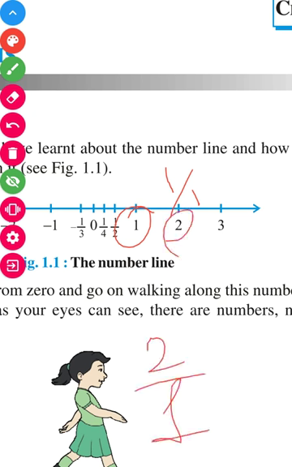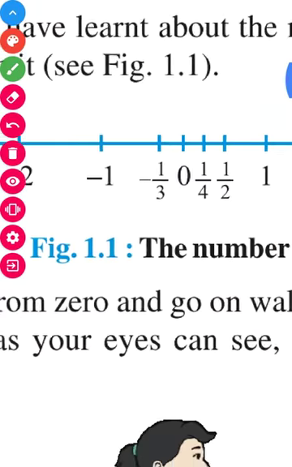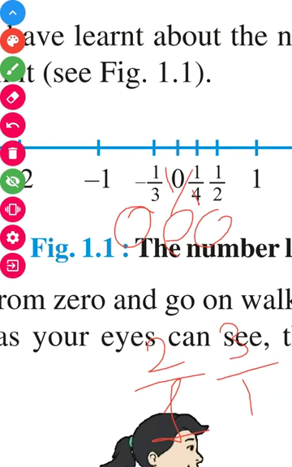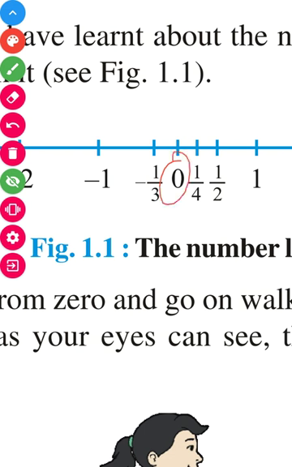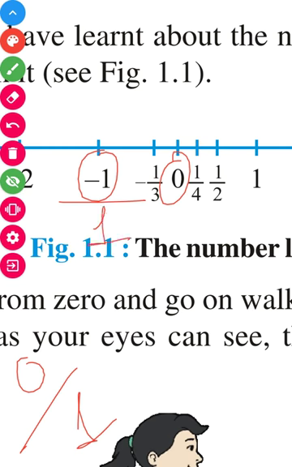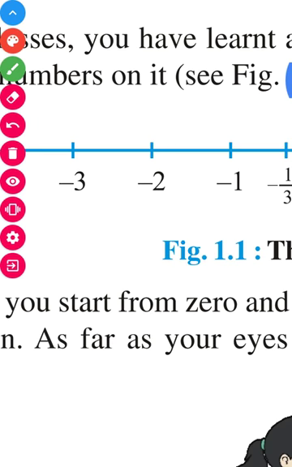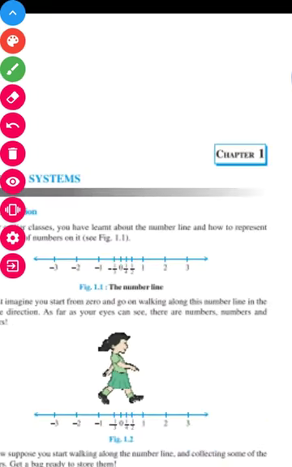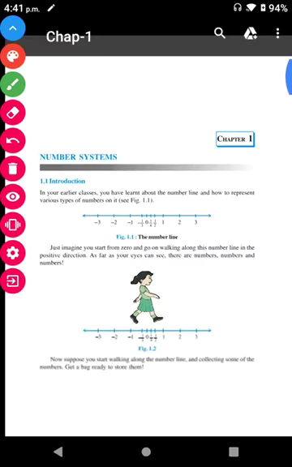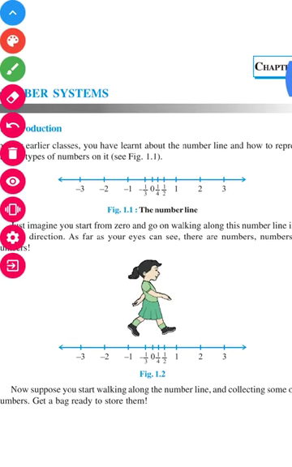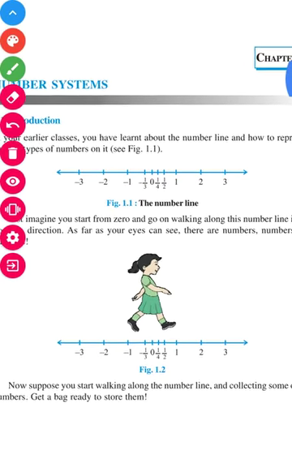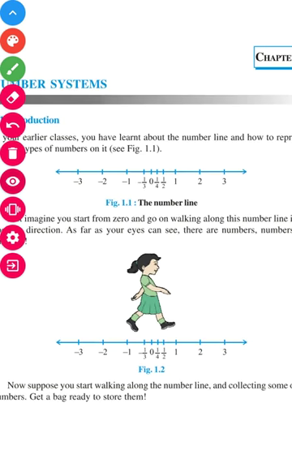We can write it as 2/1 and 3/1, and even 0 also, like 0/1, -1/1. In this way we can represent them, and that is why we consider all the numbers mentioned in this number line, figure 1.1.